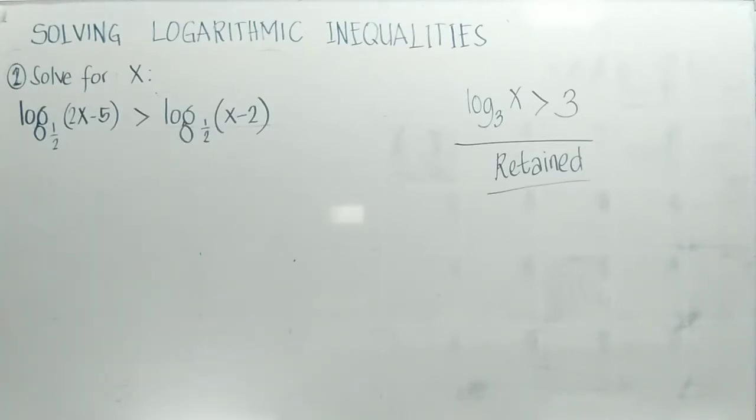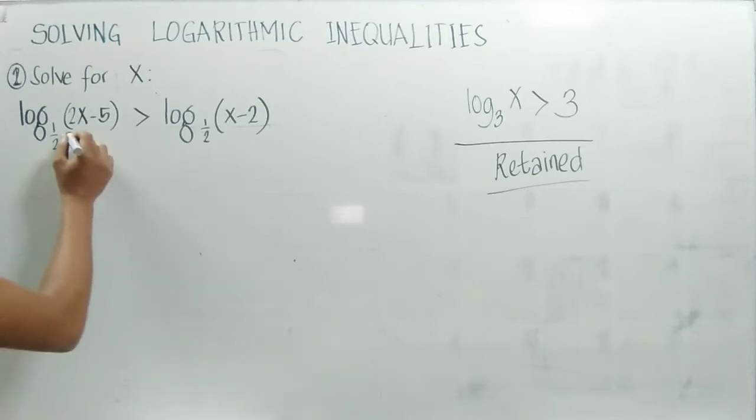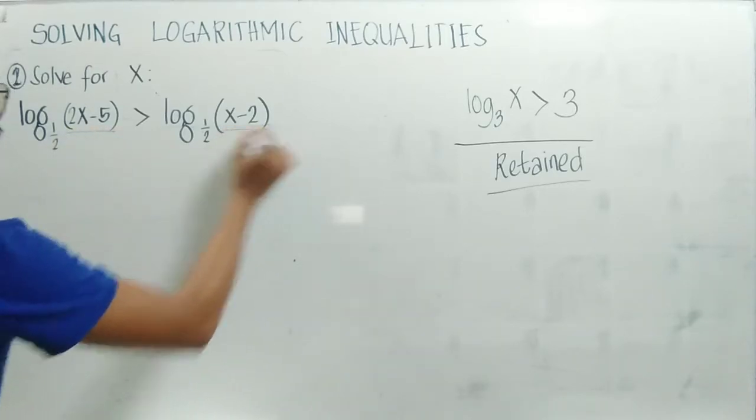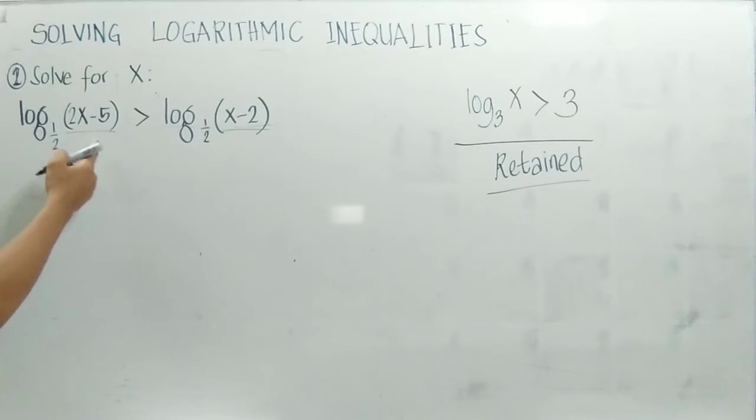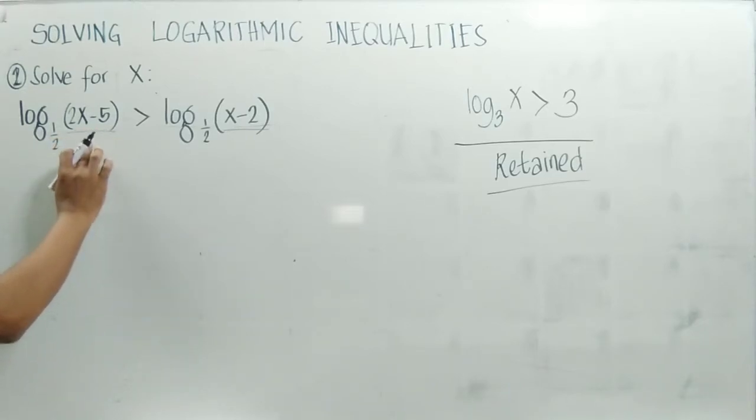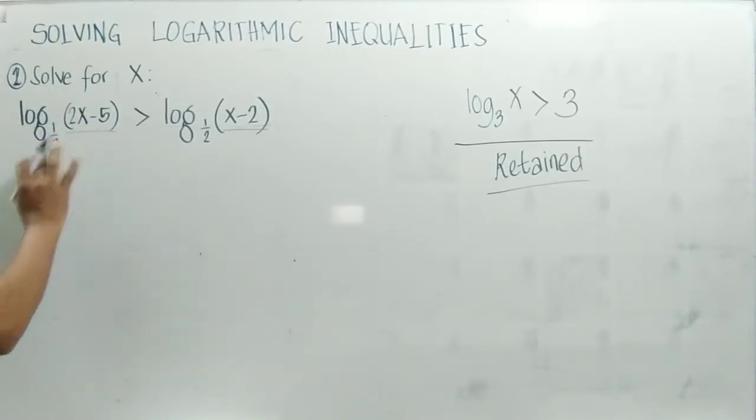First, let us be sure that the logarithm of this quantity is greater than 0, or shall we say that we should be sure that this quantity should not be a negative quantity, because if this is a negative value, then this logarithm will not be defined, or it will be undefined.